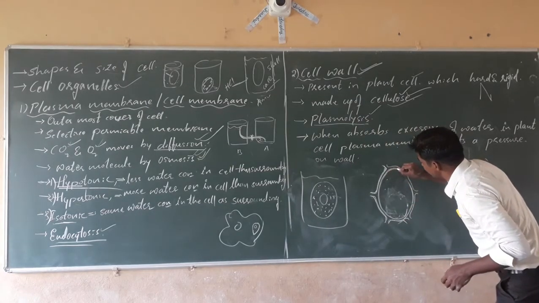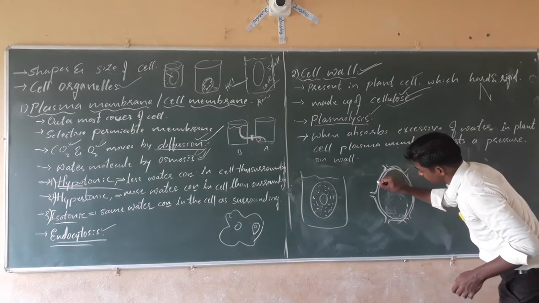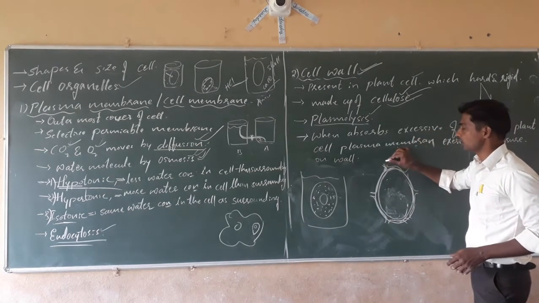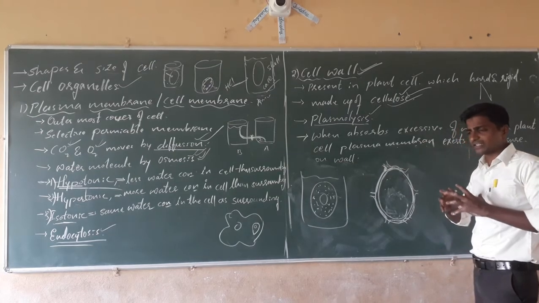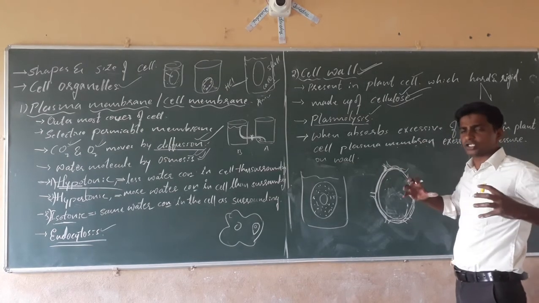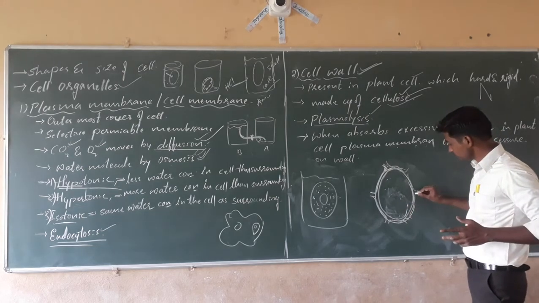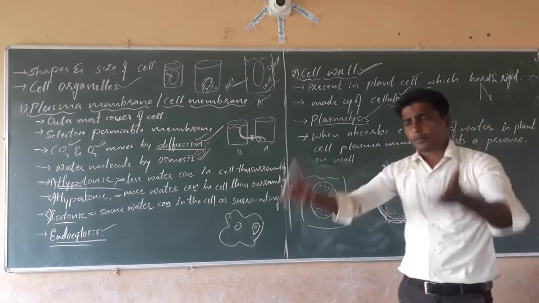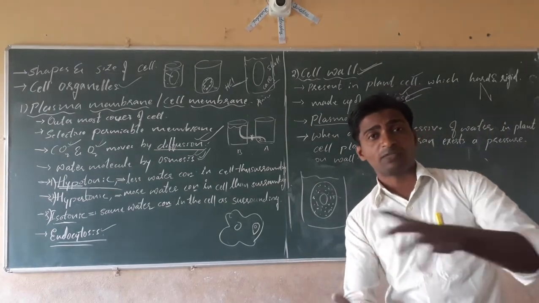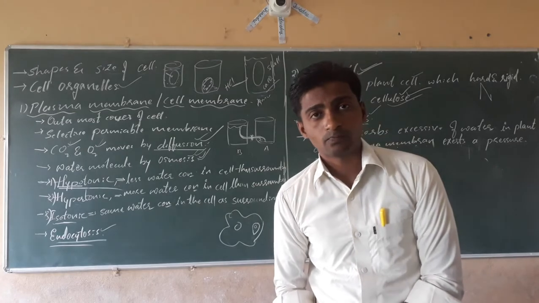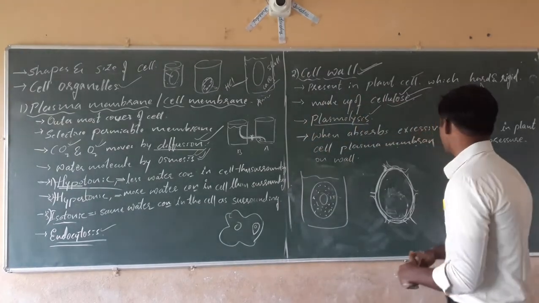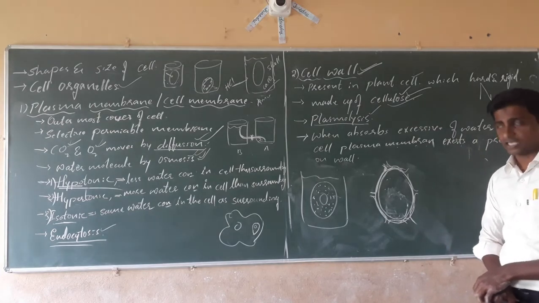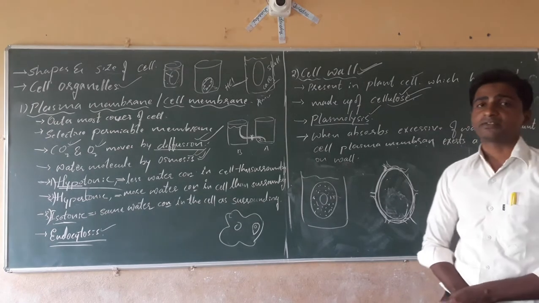The protoplasm swells and exerts a pressure on the cell wall, and the cell wall also exerts an opposite pressure on the cell membrane. By this, it maintains the cell structure.